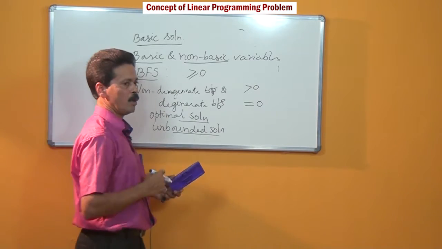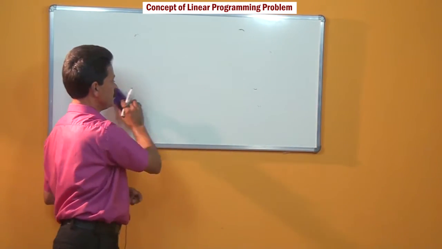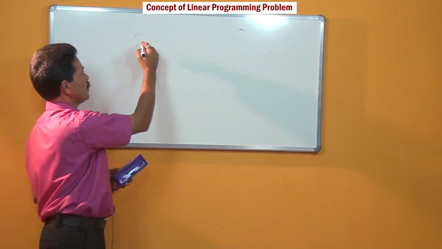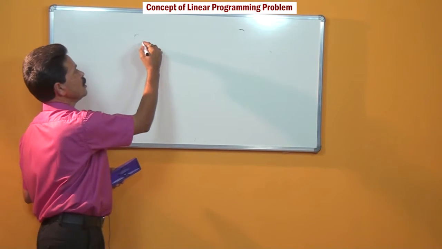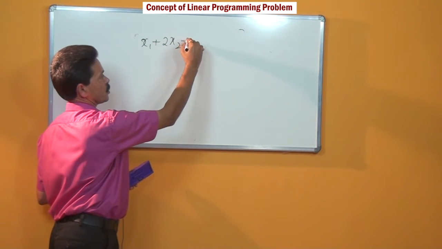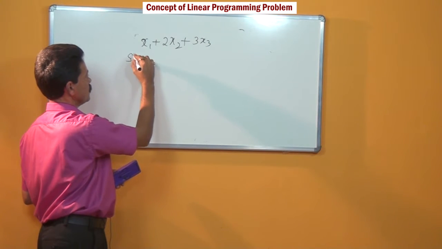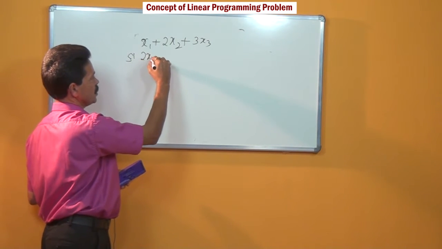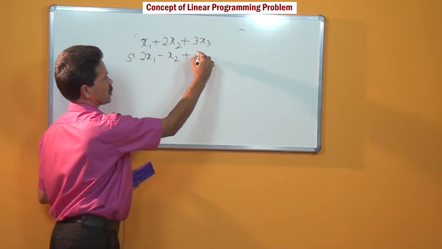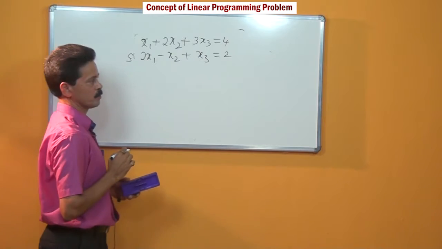Let us study all these concepts with the help of one example. Obtain the basic solutions to the system of simultaneous equations x1 plus 2x2 plus 3x3 equal to 4, and 2x1 minus x2 plus x3 equal to 2.